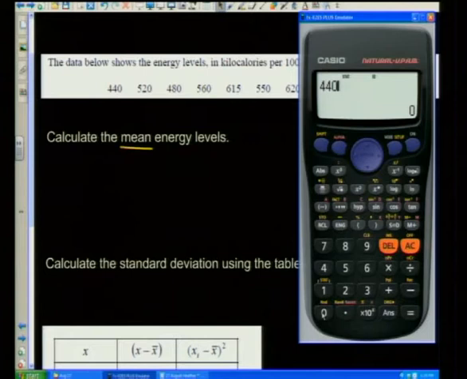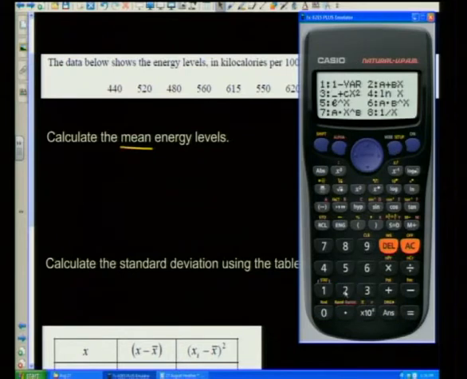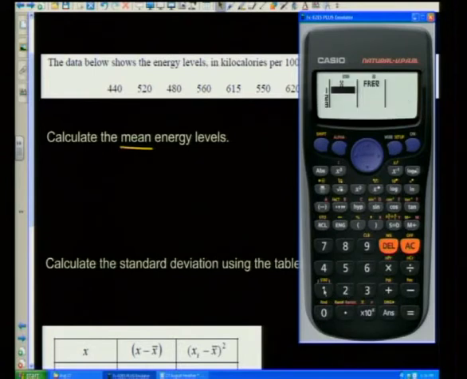So we're going to go 440, then 480, then 490. Oh, hang on. Let's first of all make sure that we're in the right mode. We need to be in 1. So let's go again. 440.